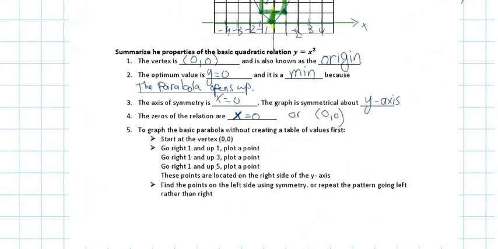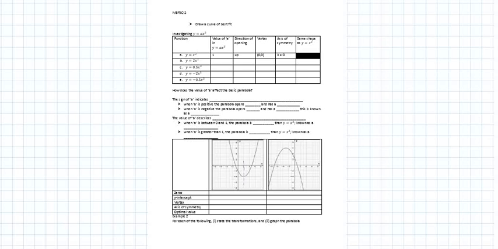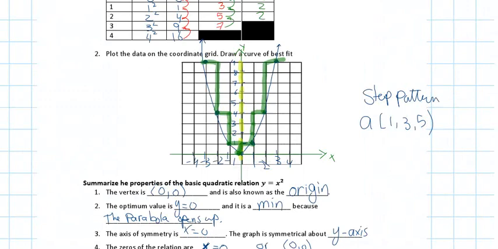Okay. Now here's what I want you to do. You have phones that have internet. I want you to open your phones and go to Google and type Desmos. Desmos spells D-E-S-M-O-S.